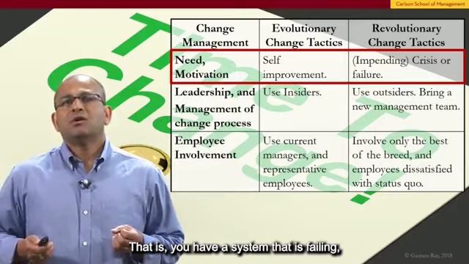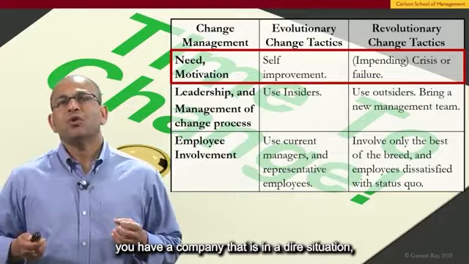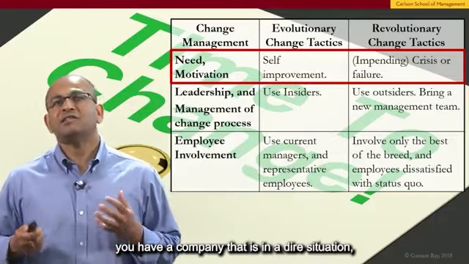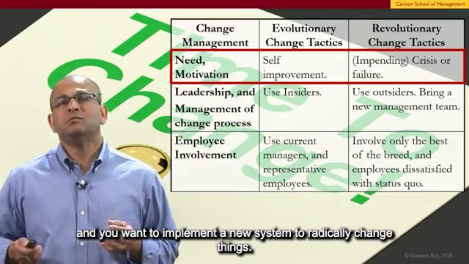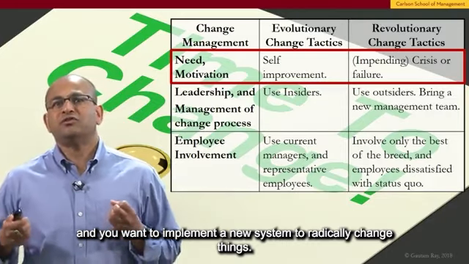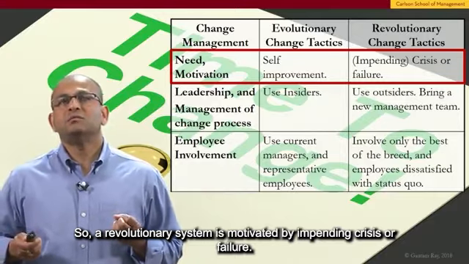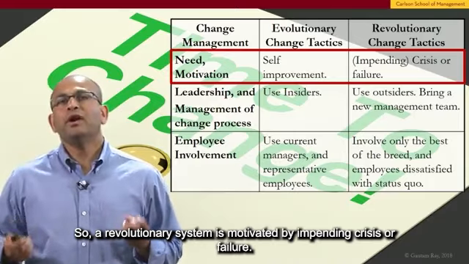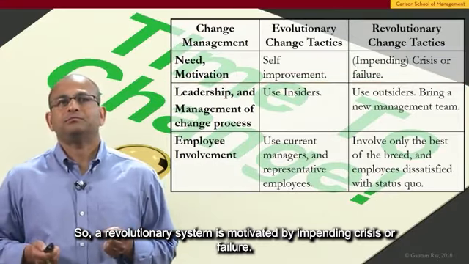That is, you have a system that is failing. You have a company that is in a dire situation, and you want to implement a new system to radically change things. So a revolutionary system is motivated by impending crisis or failure.